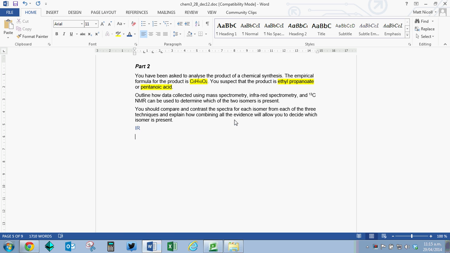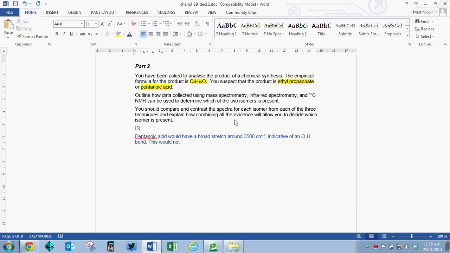So I'm going to say pentanoic acid would have a broad stretch around, we'll say, 3500 cm-1, indicative of an OH bond.